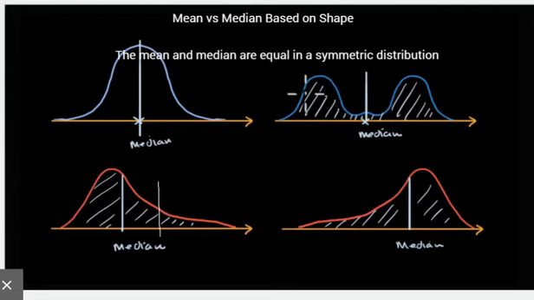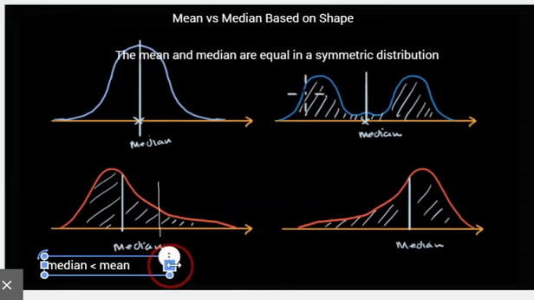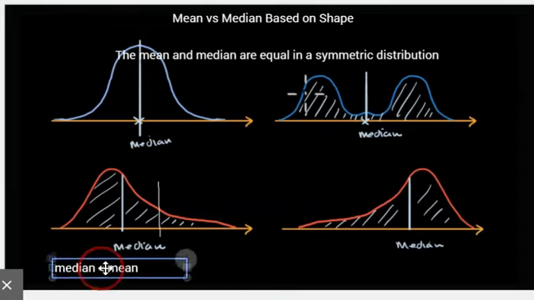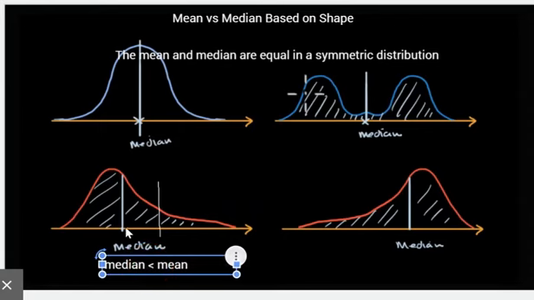And in this case, with a skewed right distribution, the median is less than the mean. And I think it's important to note that the value of the median is along the x-axis. So the value of the median is right here. The value of the mean is right here. So with a skewed right distribution, the median is less than the mean.